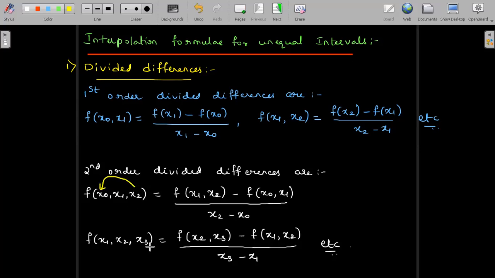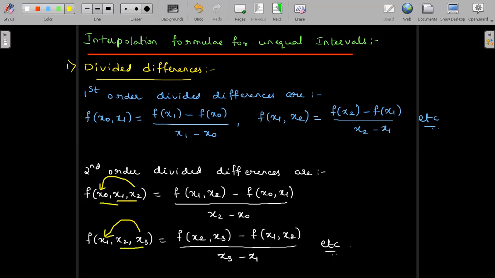Same for the next second order divided difference: it will be x3 minus x1 in the denominator. What we are performing here is f of the last two values minus f of the first two values, the whole divided by the difference of the extreme values. That's how the formula can be easily memorized.